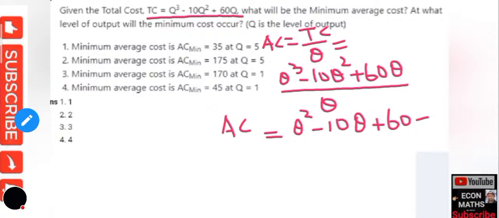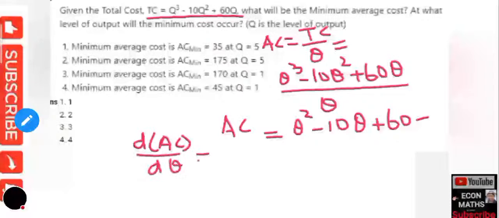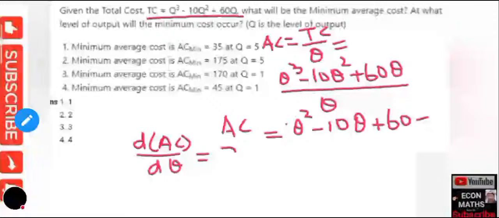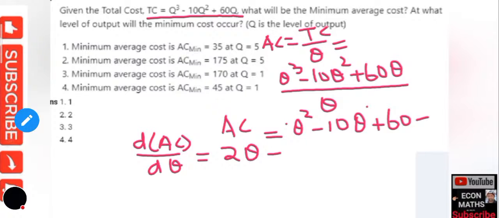So dAC with respect to quantity: the derivative of q square is 2q, the derivative of 10q is 10, and the derivative of a constant is 0.